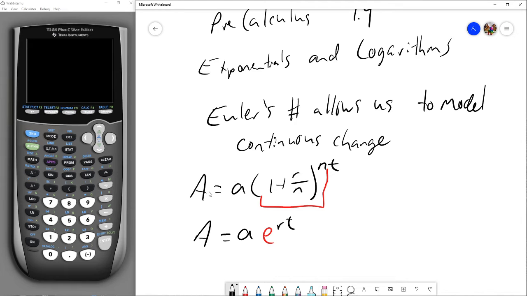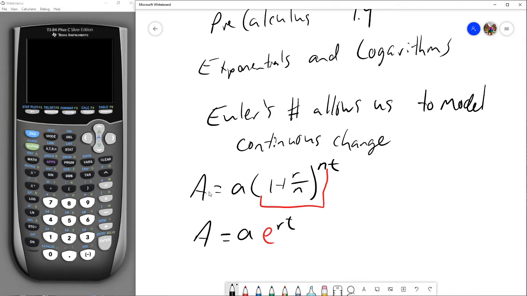And so for compound interest or radioactive decay, we can think of those quantities as continuously changing. Especially with radioactive decay, that should make sense, since it's not like it decays at one moment, then stops for a while, then starts again. No, it's at every single moment, seamless over time, that the material is degrading radioactively. So Euler's number allows us to model that behavior.